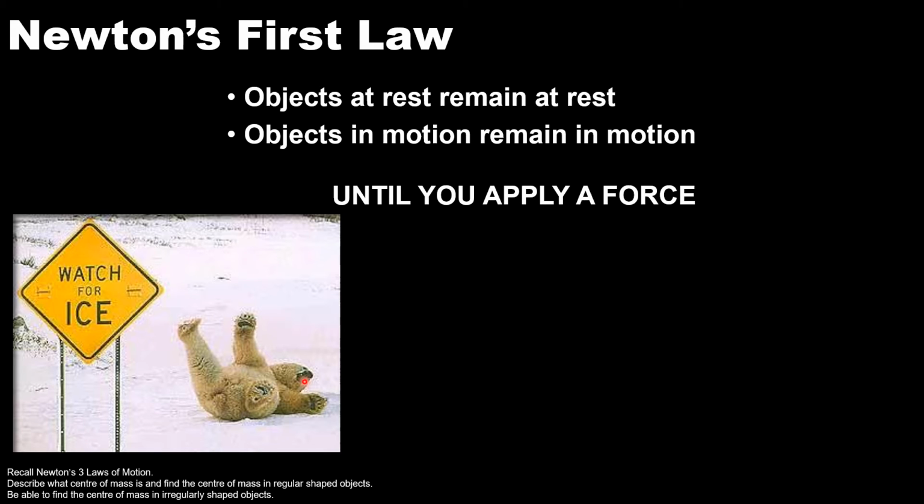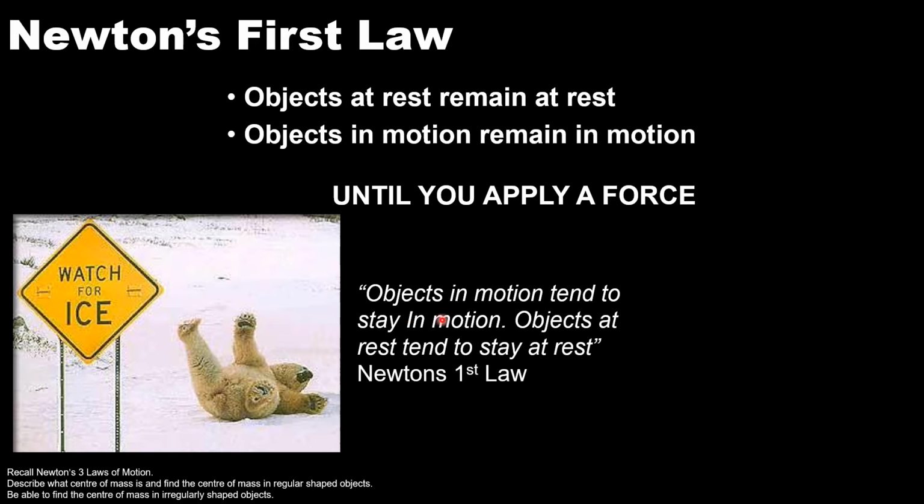So that could be friction, air resistance, running into a solid object, it could be anything. It just needs to have something so that it will stop. So objects in motion tend to stay in motion. Objects at rest tend to stay at rest. That is the first law.